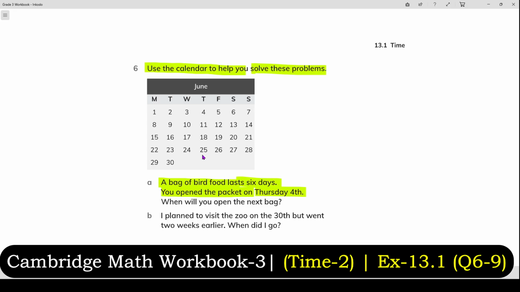When will you open the next bag? It will last 6 days, so 4 plus 6 is 10. So the 10th of June, or we can say next Wednesday.